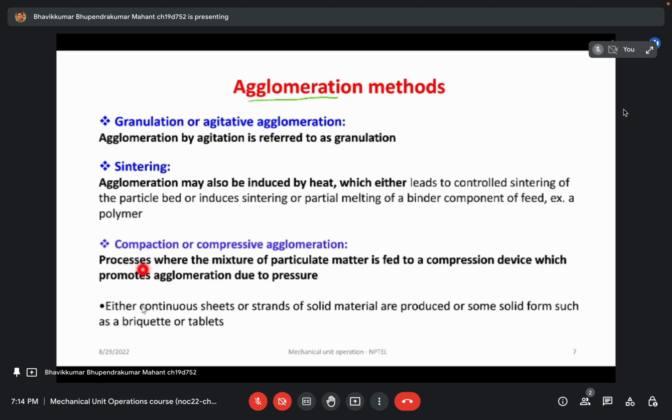If you define it, these are processes where the mixture of particulate matter is fed to a compression device, which promotes agglomeration due to pressure. We pressurize the solid fine particles to go for agglomeration. Either continuous sheets or strands of solid material are produced, or some solid forms such as briquettes or tablets. We can produce briquettes, tablets, or continuous sheets in this kind of compressive agglomeration process.